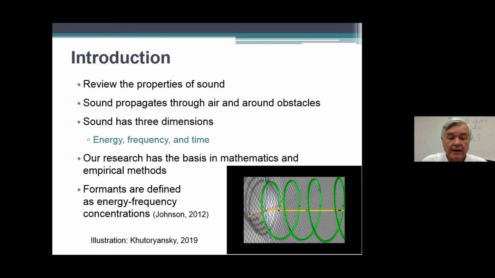And so our research has a basis in mathematics and empirical methods. Formants are defined as energy frequency concentrations. We're all very familiar with the idea of a formant being the product of the fundamental frequency or the pitch, and then its harmonics, in higher harmonics above the fundamental.